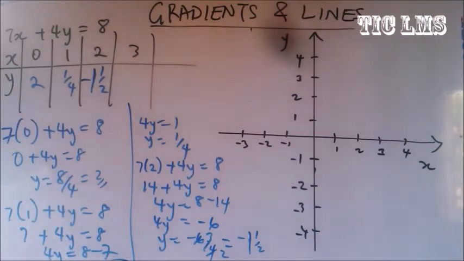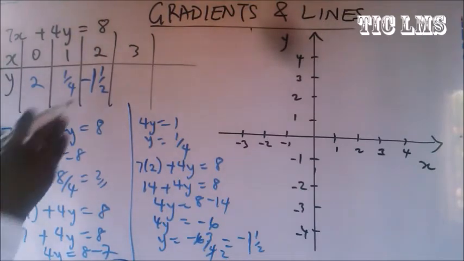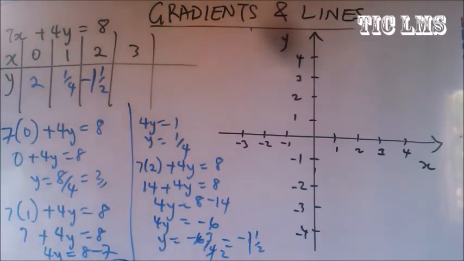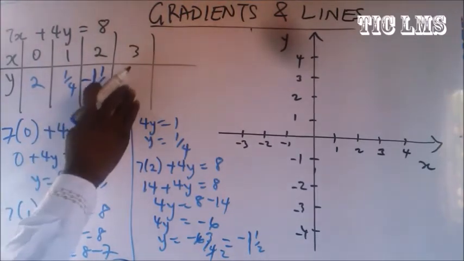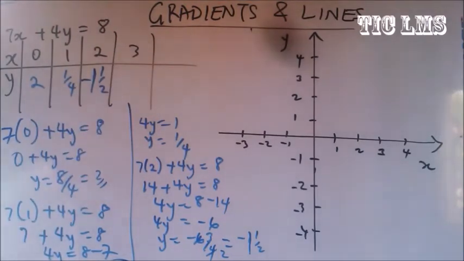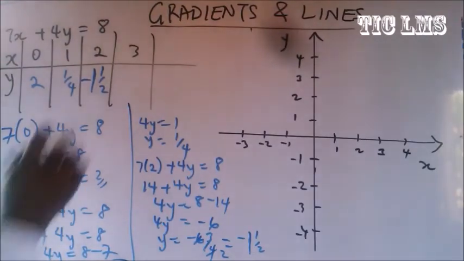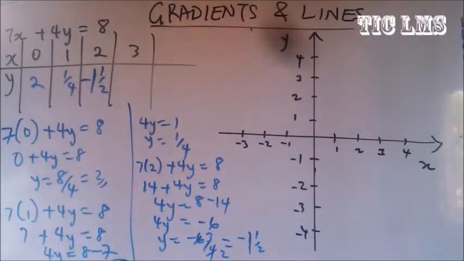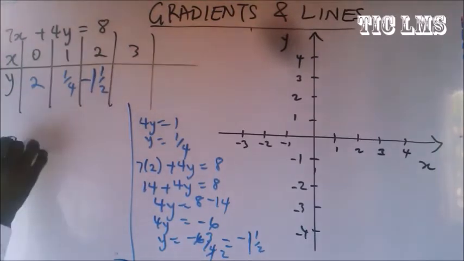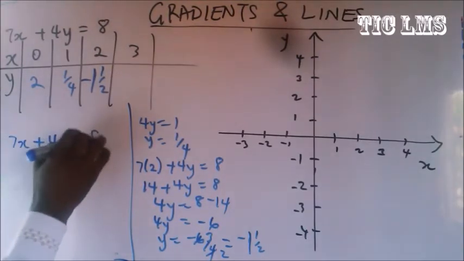Now, basically, having just 2 points here is sufficient to draw a line graph. But having a third point will prove it further, and having a fourth point would prove it even more. The third, which is when x is 3, the value of y will be from 7x plus 4y equal to 8.